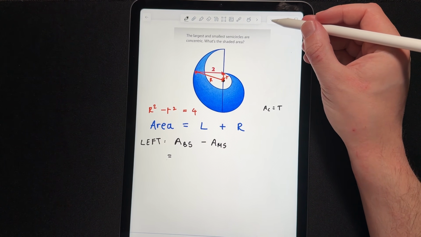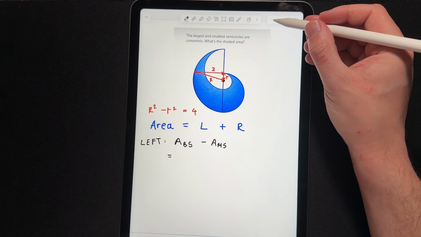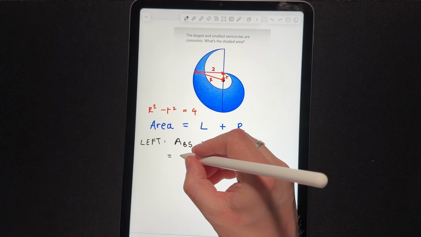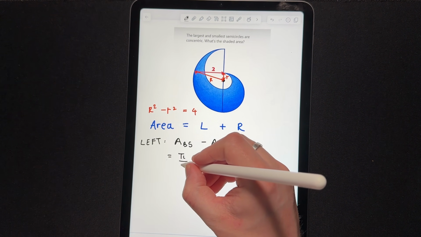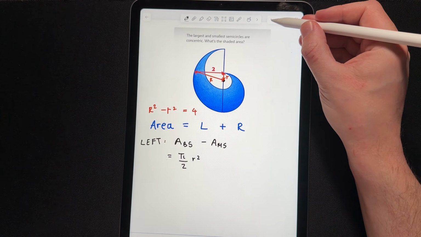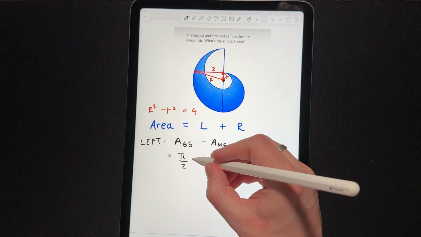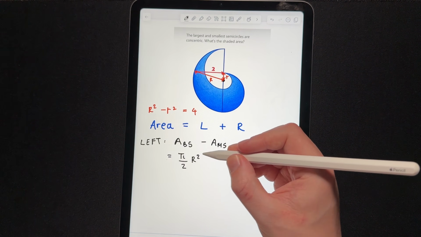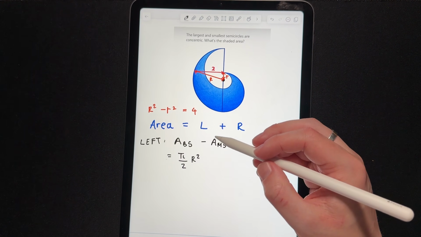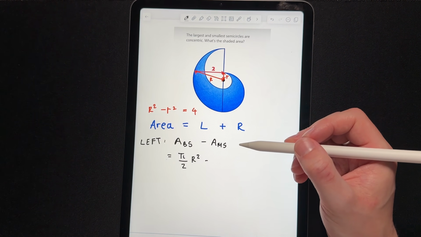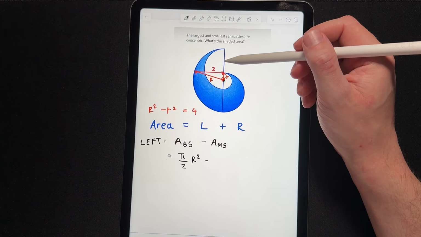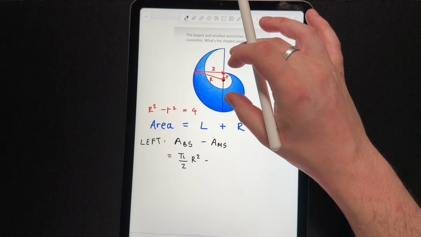So the area of a semicircle is pi r squared divided by 2, or as I like to write it, pi over 2 and then r squared, except in our case it's not little r squared, it's capital R squared. And that is subtract the area of the medium semicircle. Now what is the area of the medium semicircle?